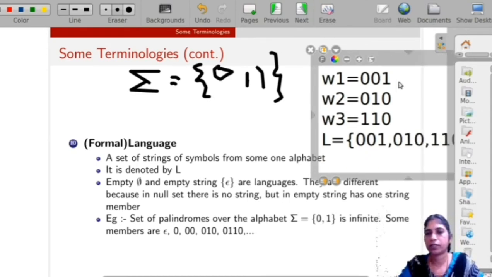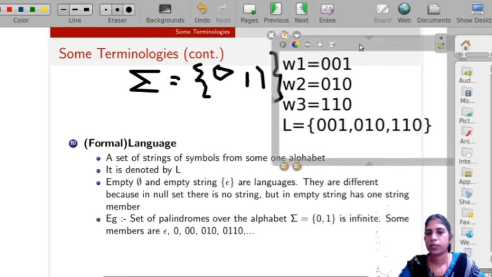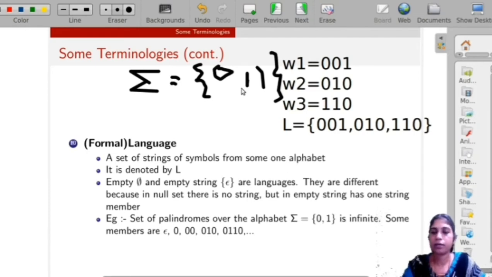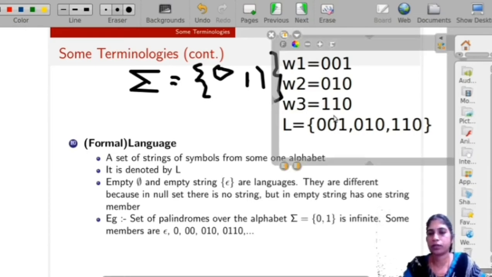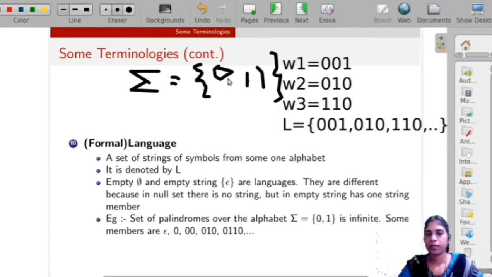We can construct any number of strings from these two symbols, that is, any number of strings from sigma equal to the set {0, 1} containing 3 bits. So we write etc. Not only 3 strings. By using the alphabet 0 and 1 we can construct any number of strings of size 3.